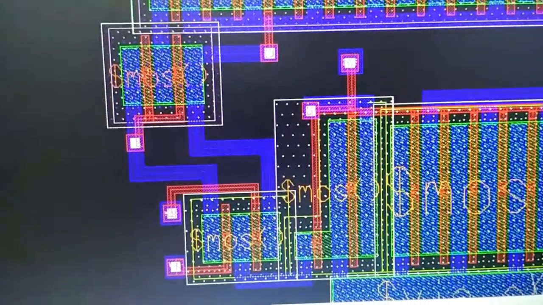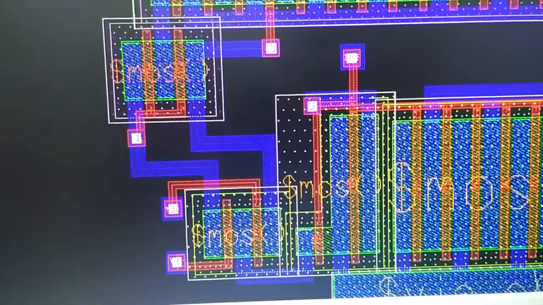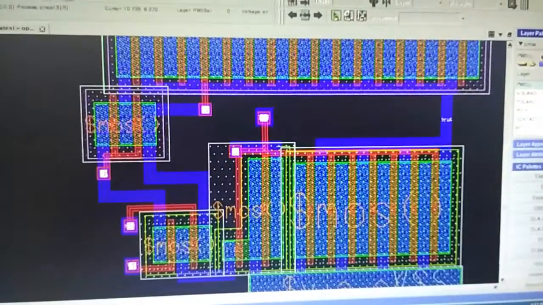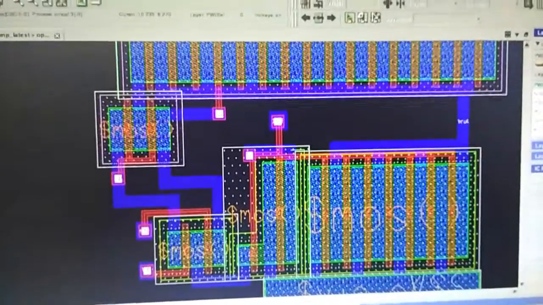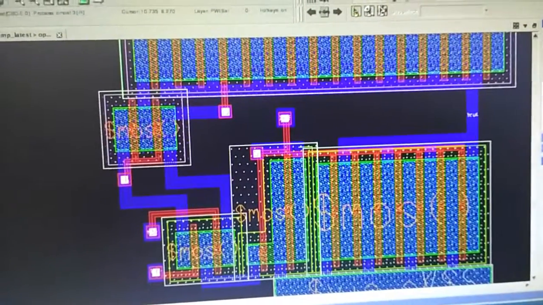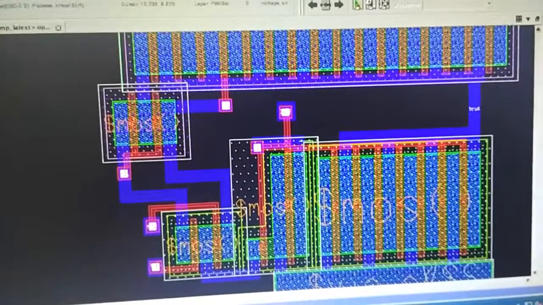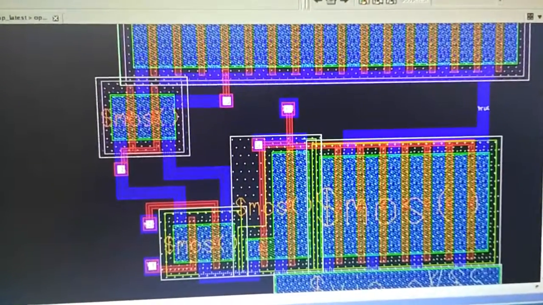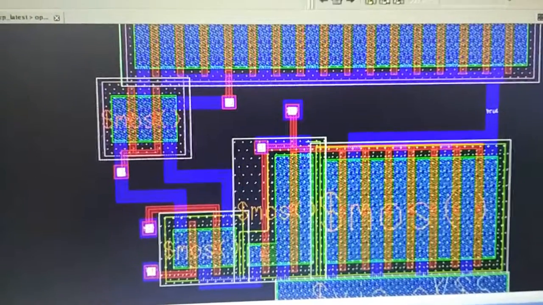After the layout has been drawn, we run through the DRC, LVS and PEX process so that the layout that we drew is compatible with the process technology and exactly the same as the schematic.